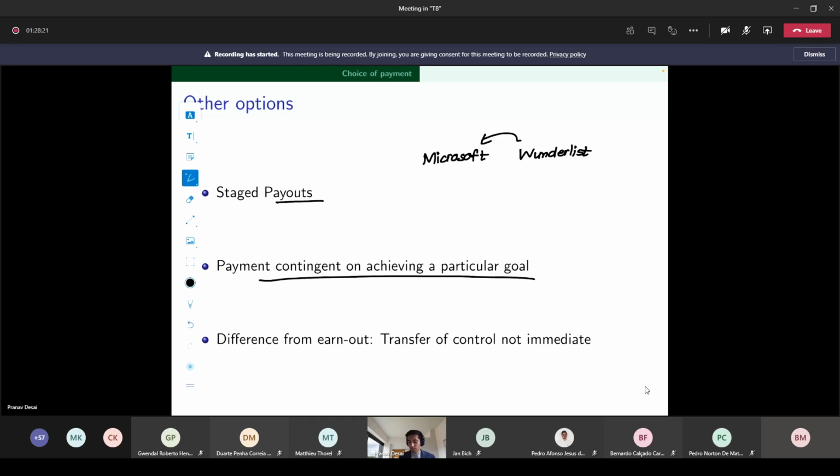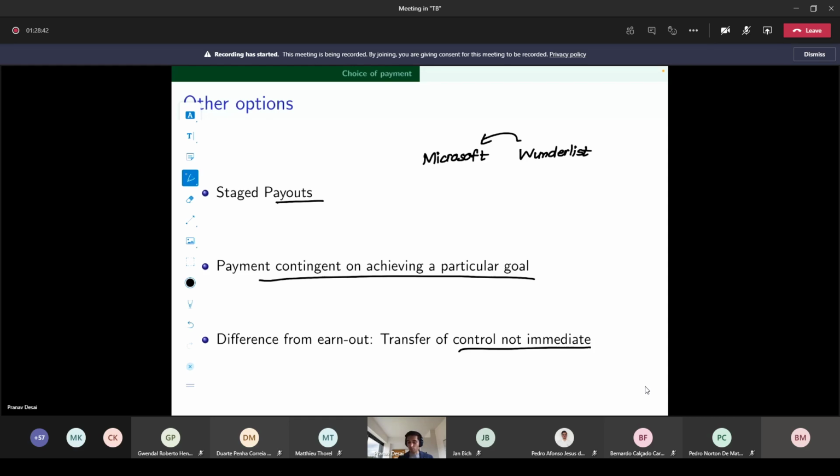In the case of a staged payout, the transfer of control is gradual. Otherwise, these are very similar instruments. In the case of an earnout, the transfer is immediate, and Wunderlist in that case would become a wholly owned subsidiary of Microsoft.